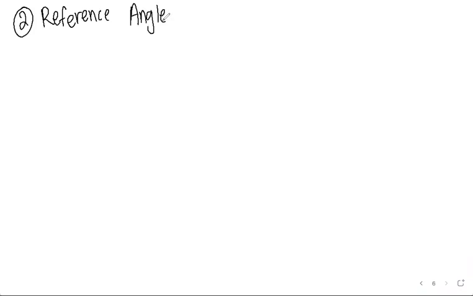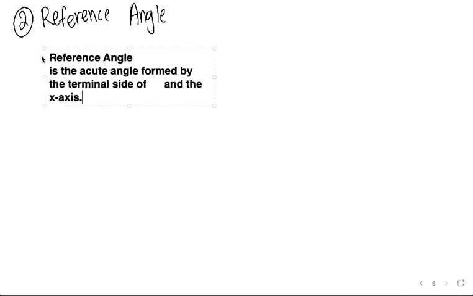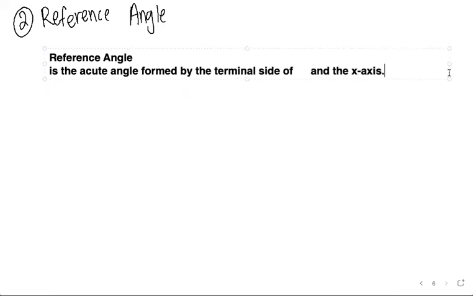What is the meaning of reference angle? Any idea? Okay, I'm going to give you the definition. The reference angle is the acute angle formed by the terminal side of the angle and the x-axis.